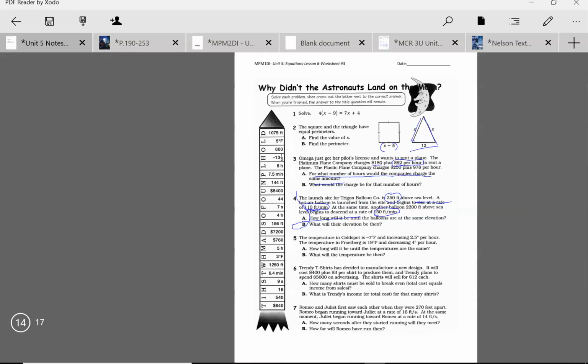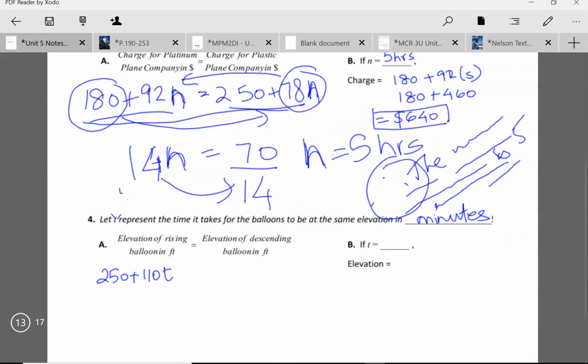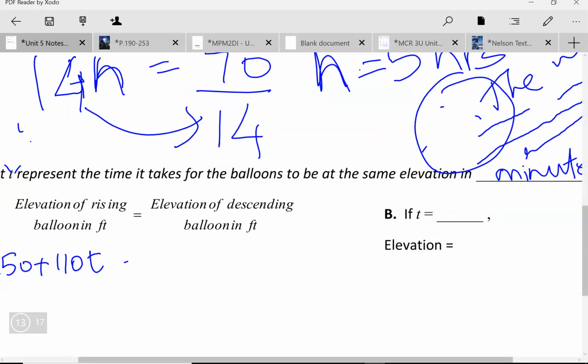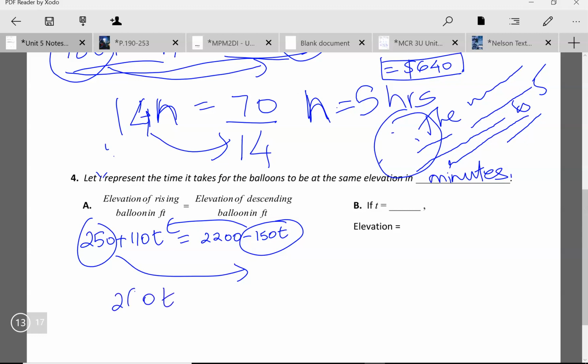And the descending balloon is 2200 minus 150 times t again. And again, this is just rearranging some things. So 110 plus 150 is 260t equals 2200 minus 250 is 1950, I believe.